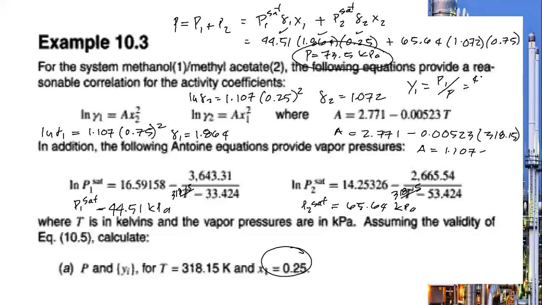So, 44.51 times 1.864 times 0.25 divided by 73.5. So something like, how much do you get? .28, ano? Y1 is 0.28.